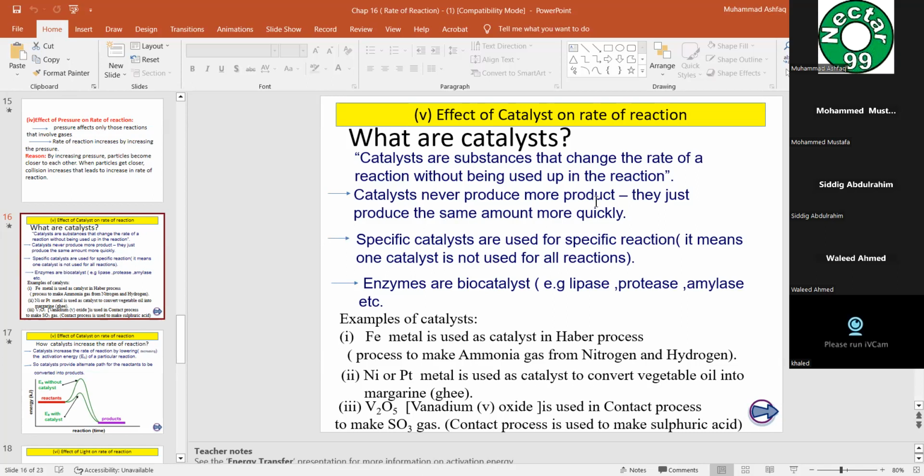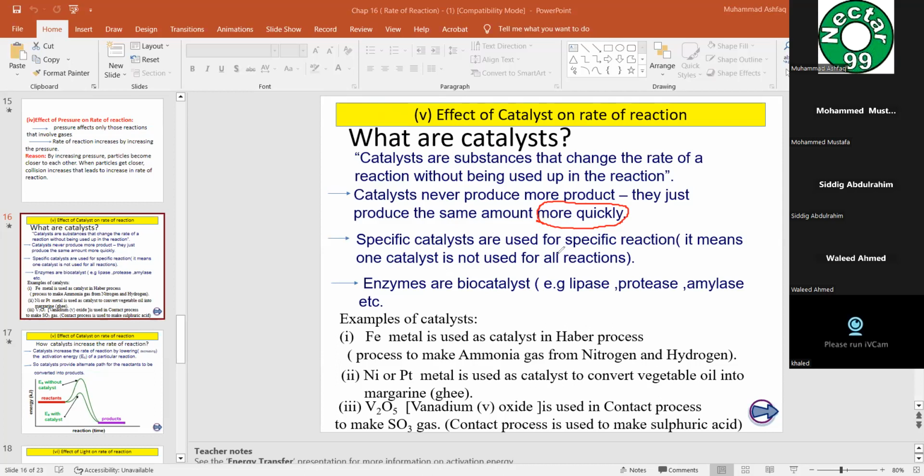Catalysts never produce more products, so don't think that they can make a greater amount of products. It's impossible. They're not going to increase the amount of product. They just produce the same amount, but, most importantly, more quickly, because a catalyst is not a reactant. It only speeds up a reaction.